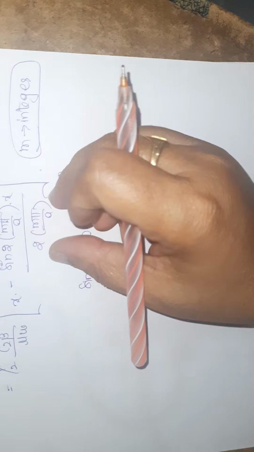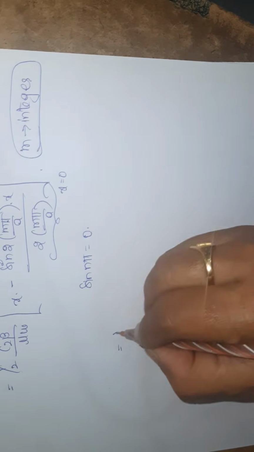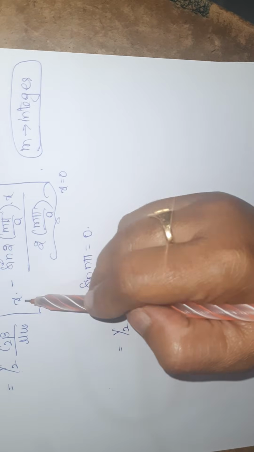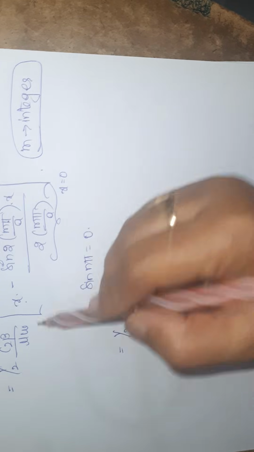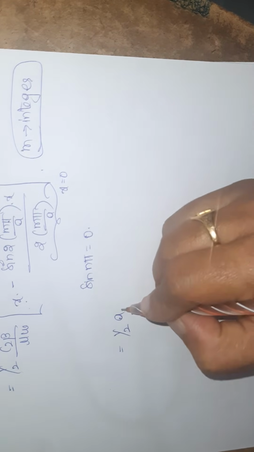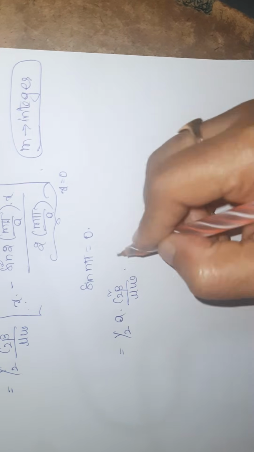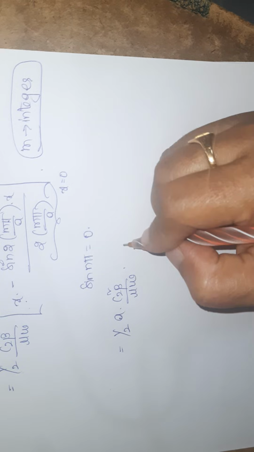If you do the integration you will get 0 here. The second term totally will become 0. So half into, in the place of x I have to substitute one time 0, one time a. So directly I am writing a into C2 square beta by mu omega.